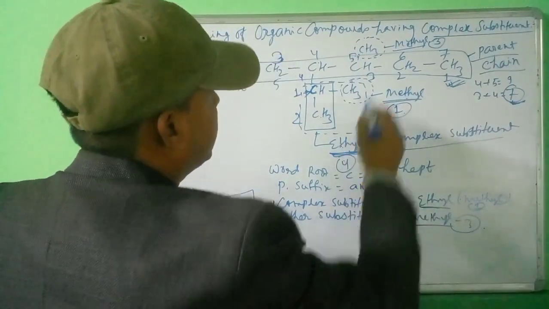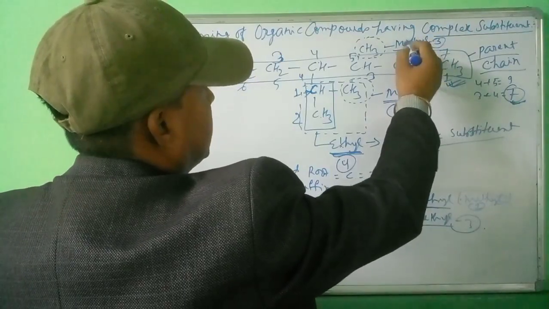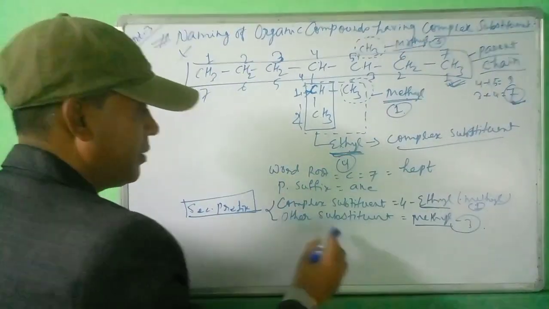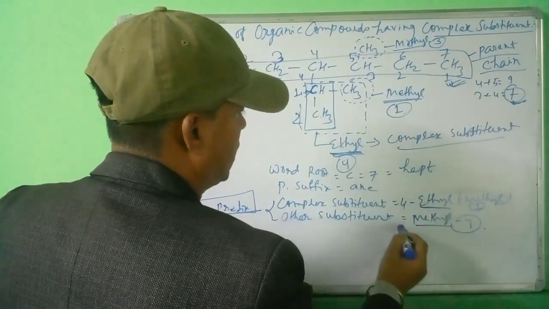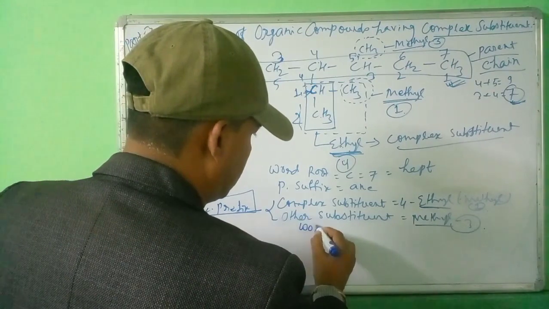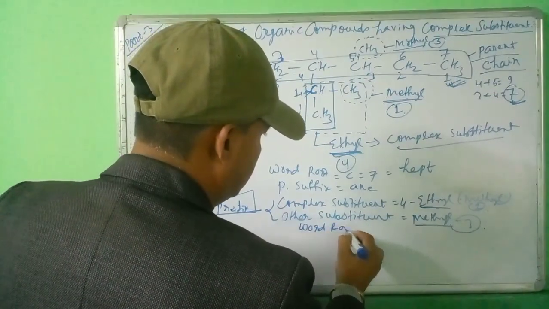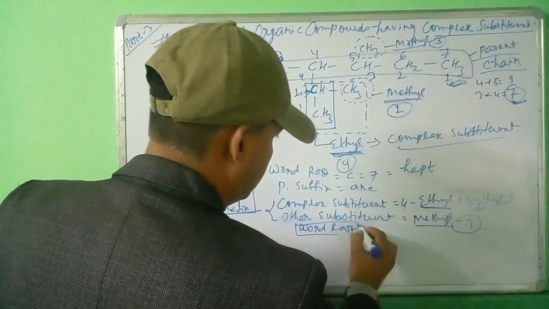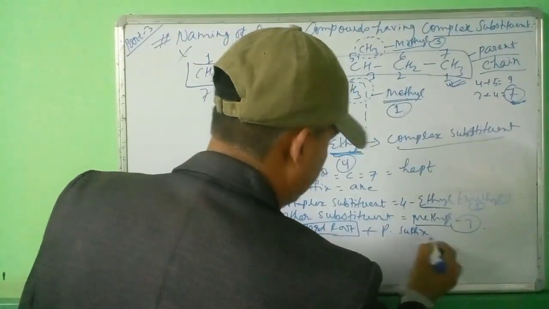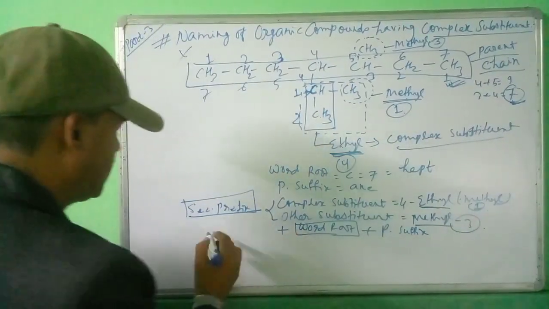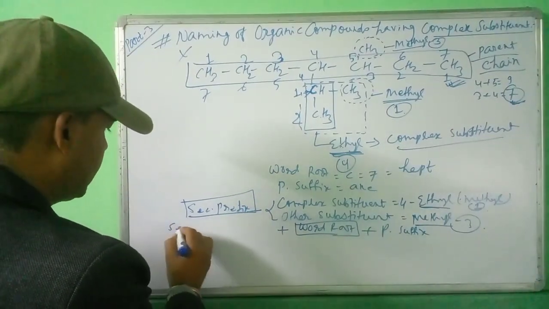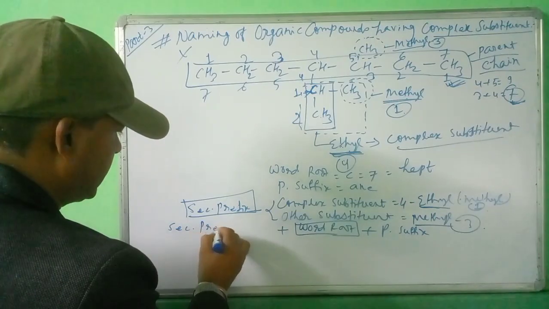Okay, then the position of methyl and the term methyl is written before the word root and after the word root plus primary suffix. So before the word root here is the secondary prefix.